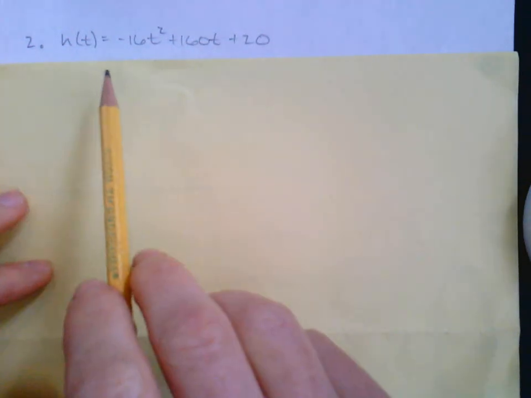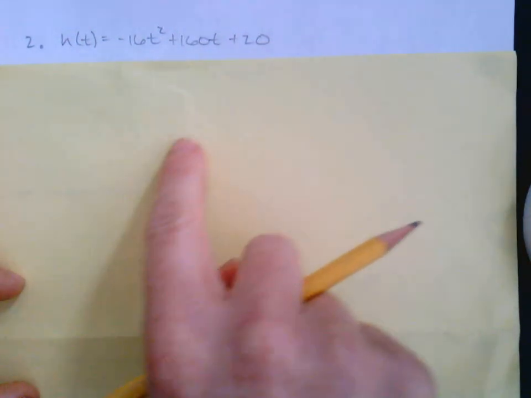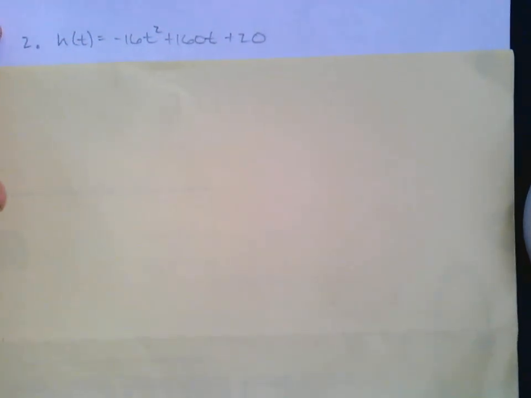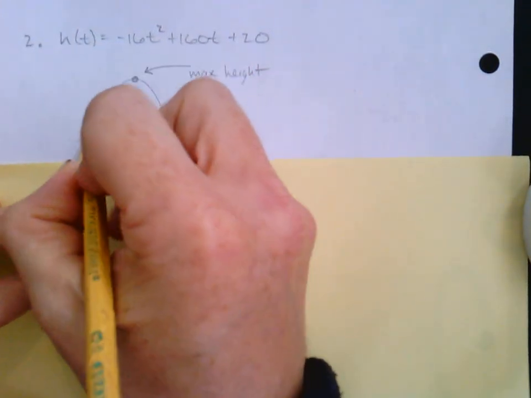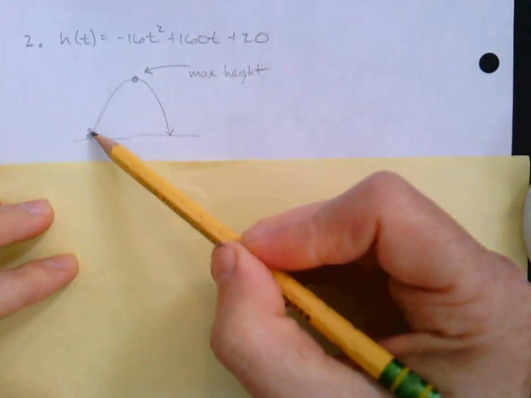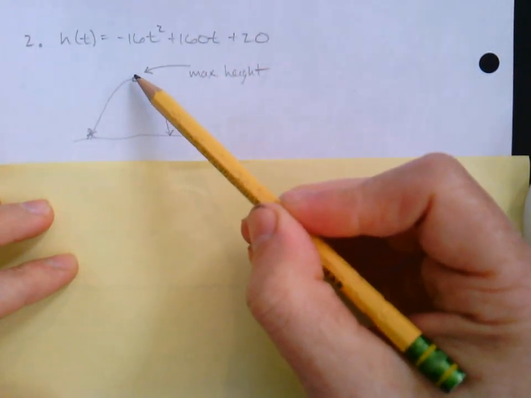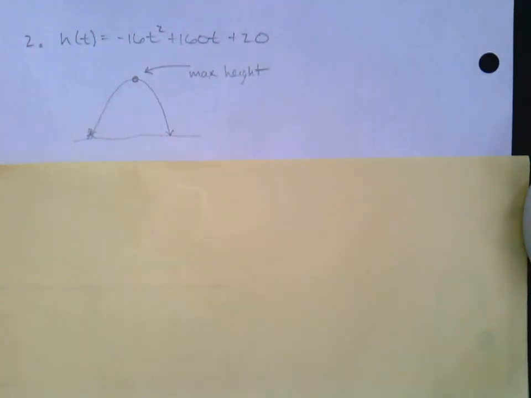So here's the path of, I think it was a stone that got thrown. When you throw an object, it takes a nice curved arc through the air. It's going to look a little something like this. So maybe the person is standing here, right? And they throw the stone and it goes up and it pauses for a moment at the top and then it starts to fall and it hits the ground.